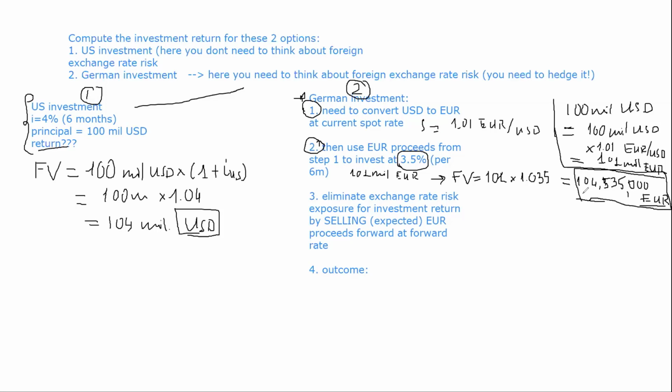Because I expect to get this money in 6 months, I'm going to be selling the euro forward for a 6-month contract, okay. So in step 3, this is when I enter into a forward contract to sell the euro for 6 months. And the amount that I'm going to sell is what I calculated from step 2.